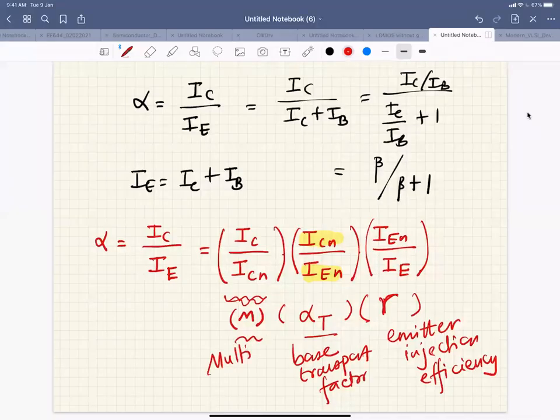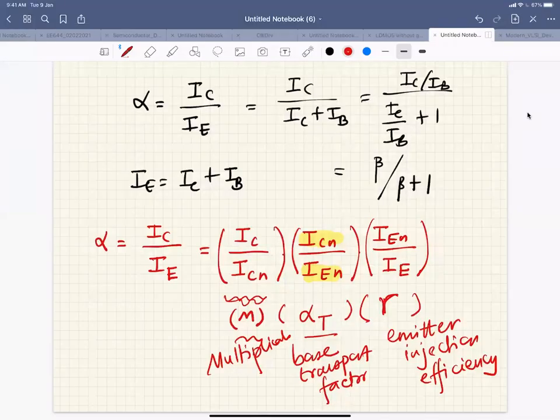But in the normal case, as I told you, this M will be 1. If you go on increasing the reverse bias across the collector base junction, at some point your IC by ICN will be very high, and your alpha will be huge, because IC just explodes. That means it increases exponentially, so alpha will be very high.